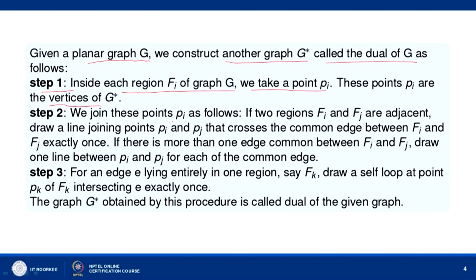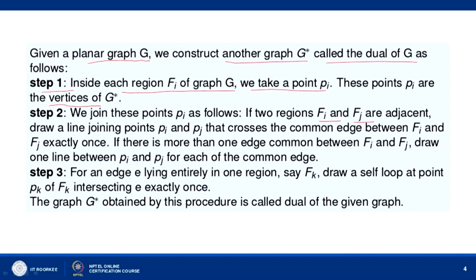Step 2: we join these points Pi as follows. If two regions Fi and Fj are adjacent, draw a line joining points Pi and Pj that crosses the common edge between Fi and Fj exactly once. If there is more than one edge common between Fi and Fj, then draw one line between Pi and Pj for each of the common edges.